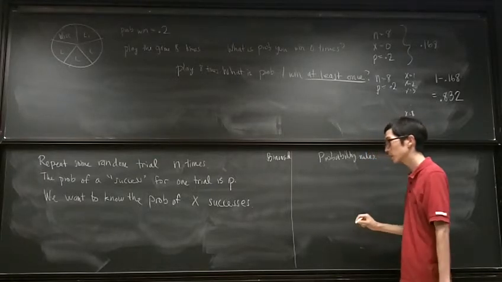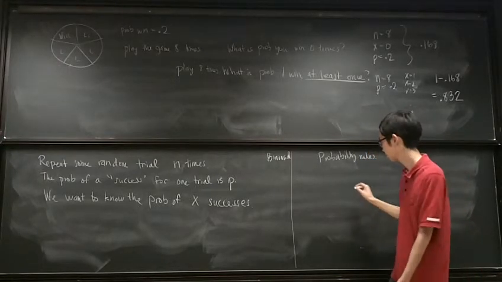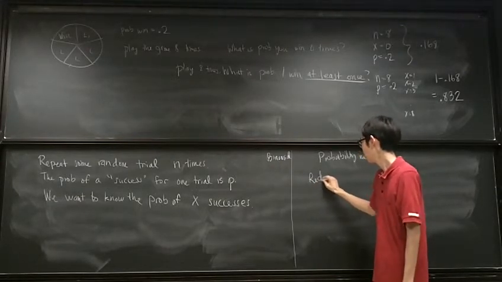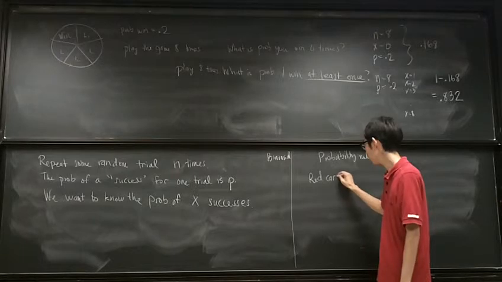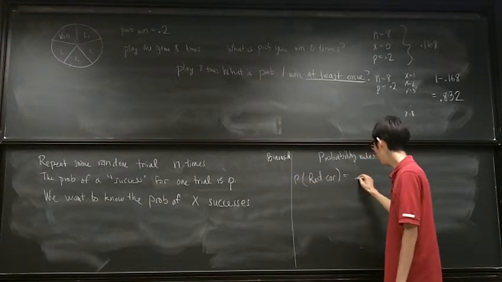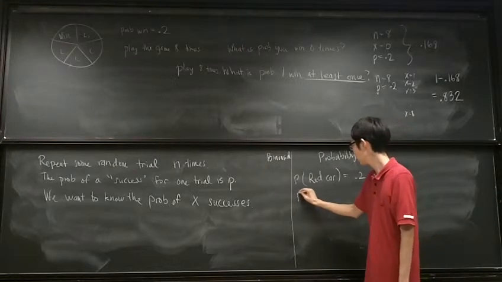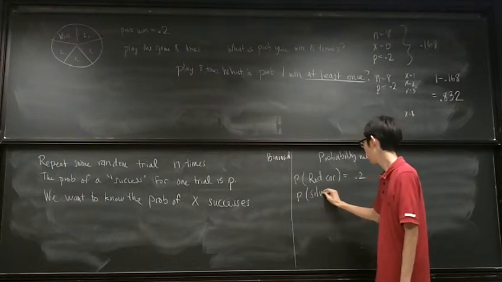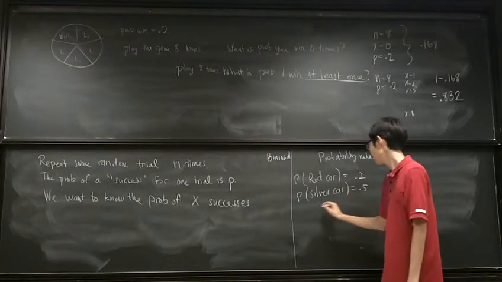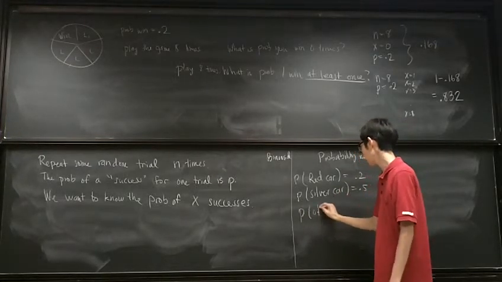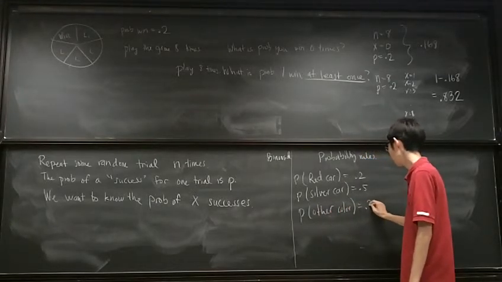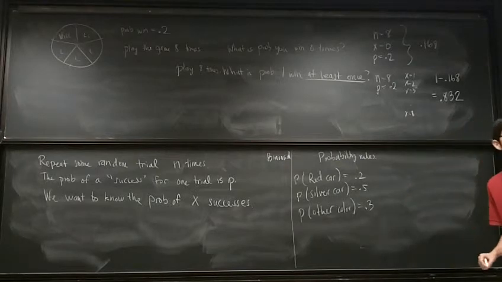Okay, let's see if we can do this. If I pick a car at random, the probability that it's a red car is 0.2. Probability it's a silver car is 0.5, and probability that it's some other color is 0.3.